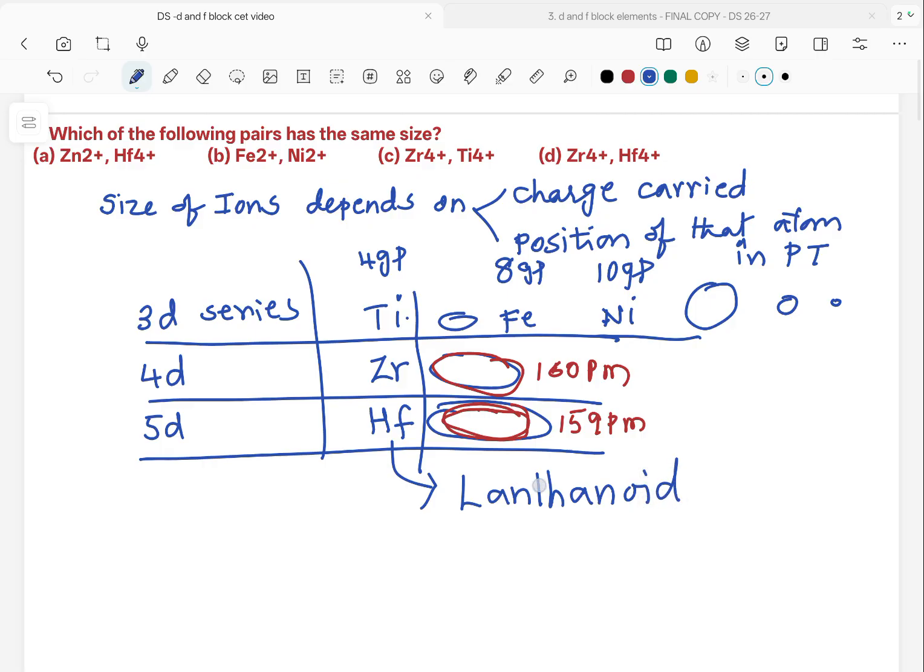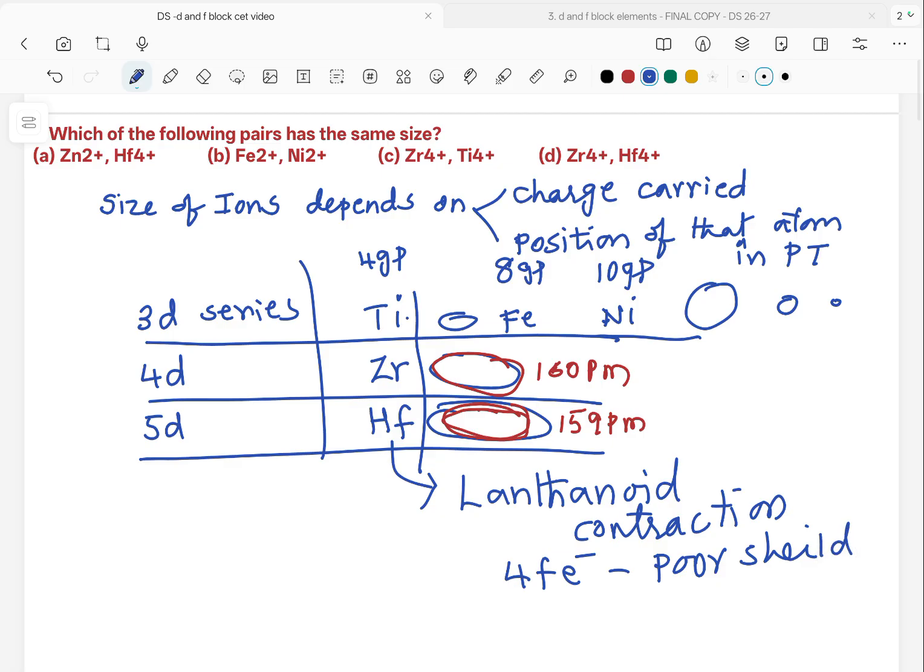Lanthanoid contraction is due to poor shielding of 4f electrons. 4f electrons poorly shield the outer electrons. Therefore, these elements show contraction called lanthanoid contraction that makes zirconium and hafnium have almost same size. So, our answer should be D option, where zirconium and hafnium both are in 4 plus state here.